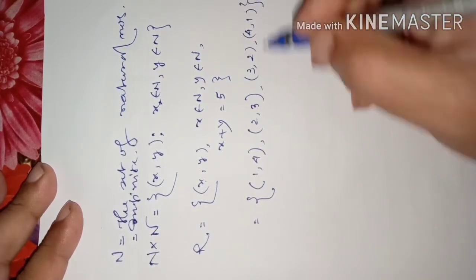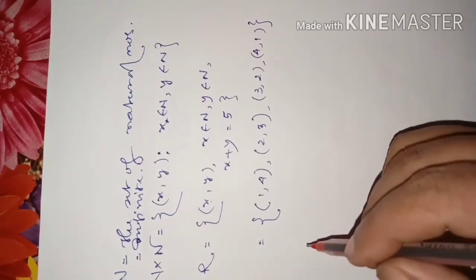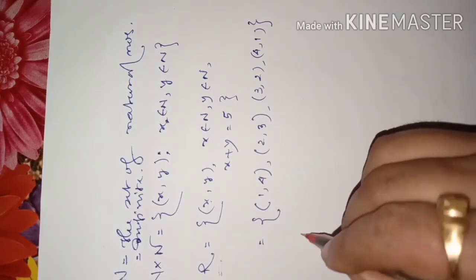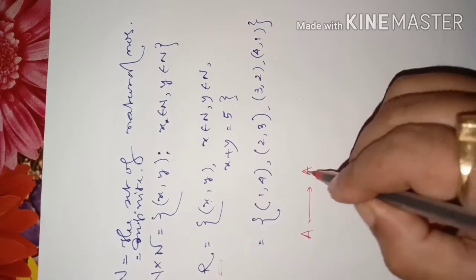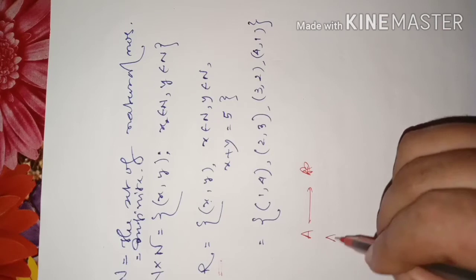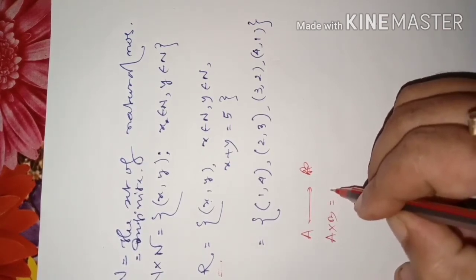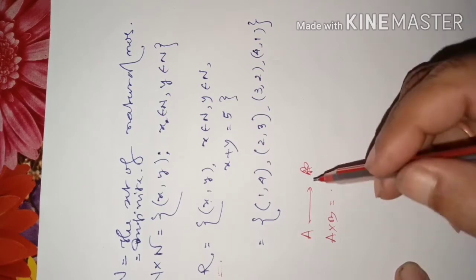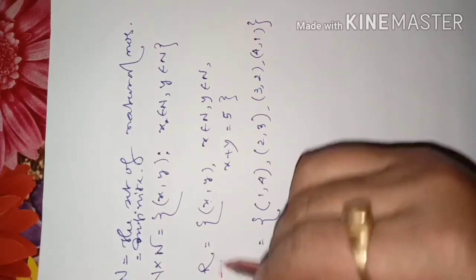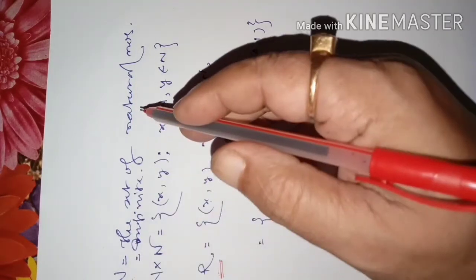So all these pairs. Now you see, is it good to say that a relation is a subset only from a set A to B, where A cross B is the set of finite ordered pairs? Will it be correct to say like that? What I am saying is that a relation can be from an infinite set to an infinite set also.